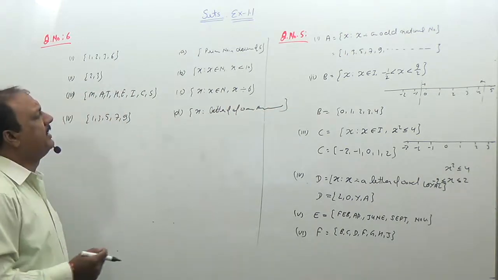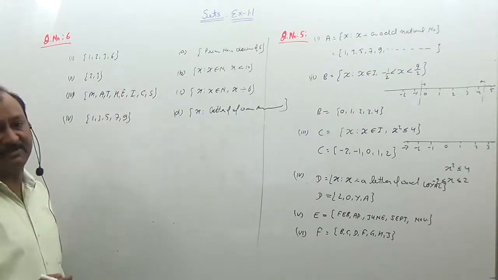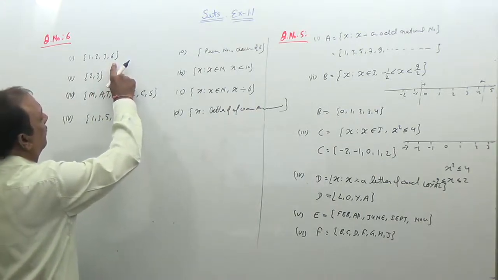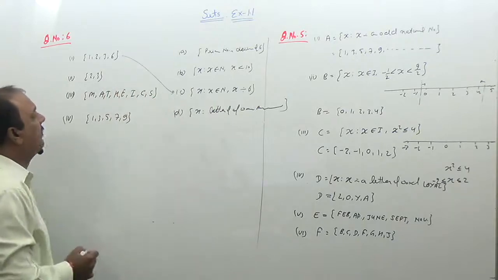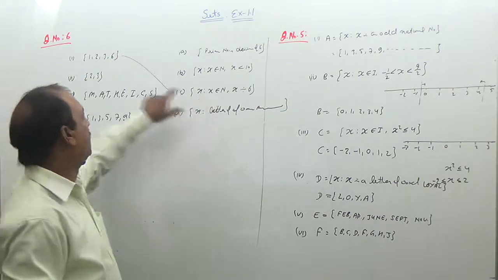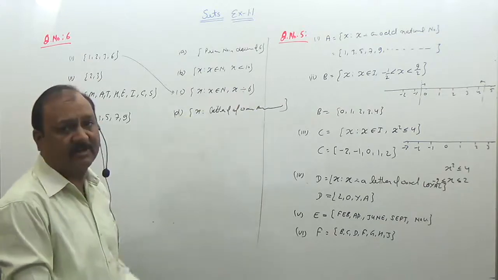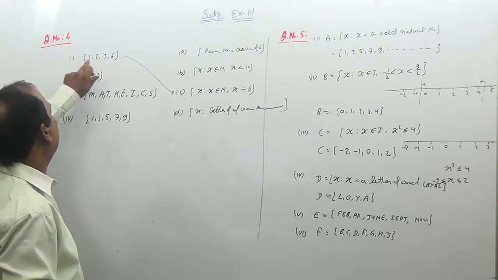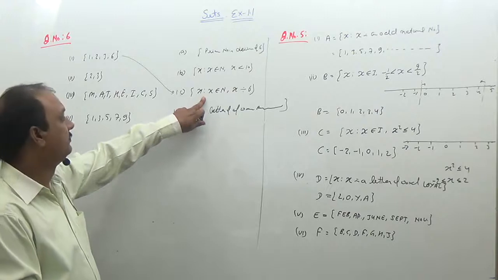So we can easily identify the proper match of the roster form with the given set builder form. So 1, 2, 3, 6: the match of this one is this one, because X is a natural number, so all these are natural numbers which are divisors of 6, which divide 6. So the first roster form is matched with the C set builder form.